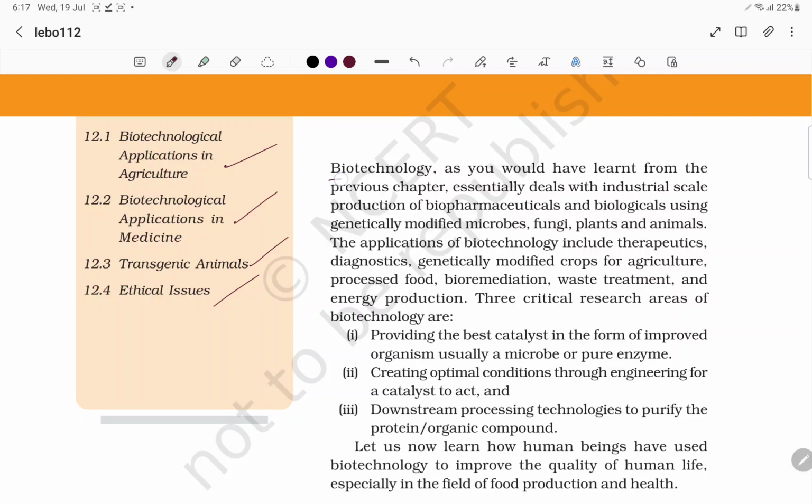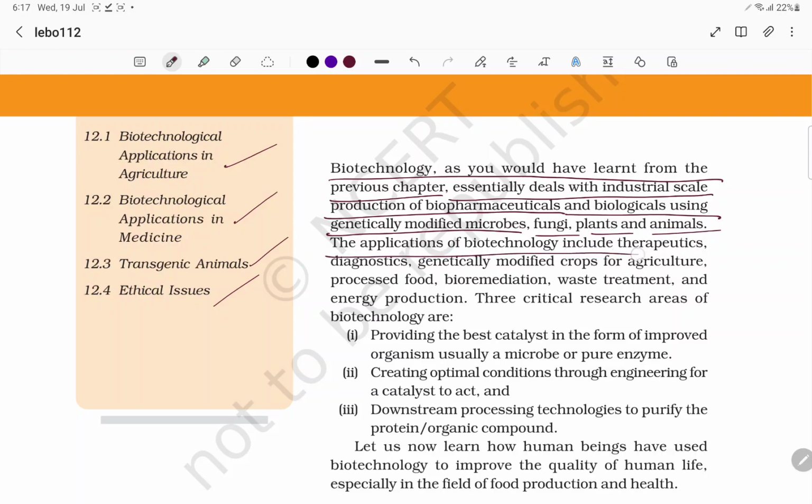Let's talk about biotechnology. You would have learned from the previous chapter that it essentially deals with industrial scale production of biopharmaceuticals, like production of insulin, drugs and enzymes, using genetically modified microbes, fungi, plants and animals. Biologically we can modify these.